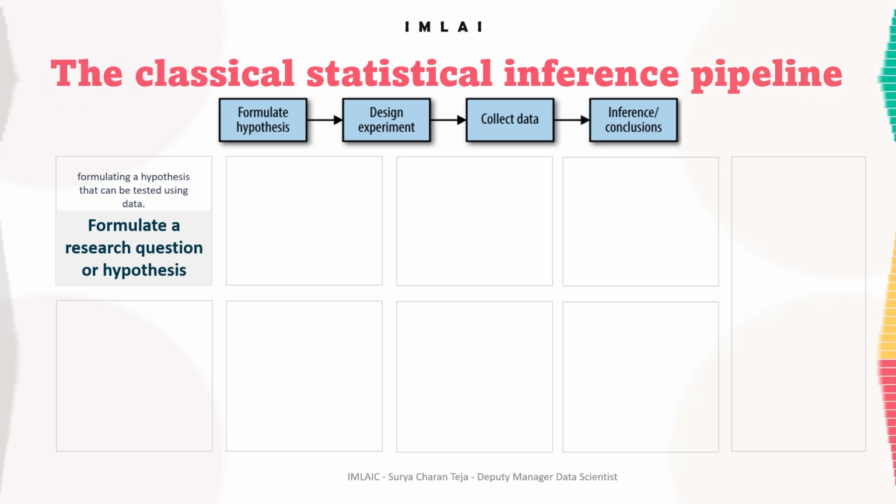So what we will do is we'll take an example. Parallelly, we will look into each and every step in the classical statistical inference pipeline, and then we will also work on the example with the respective step. Which example would be better? I'll take a physics example. That would be much easier because most people might have studied that, so it would be very easy to connect with it.